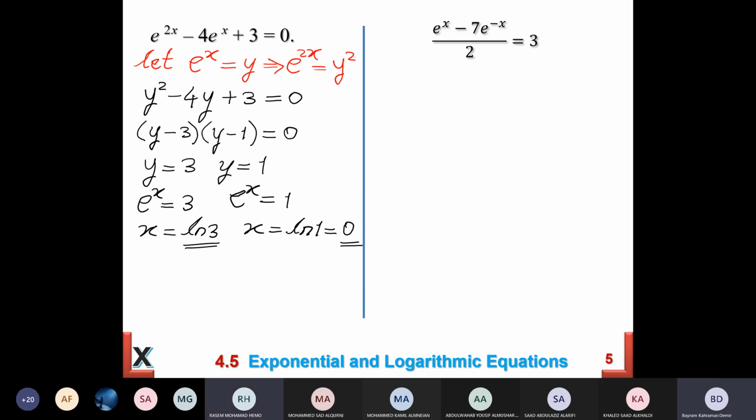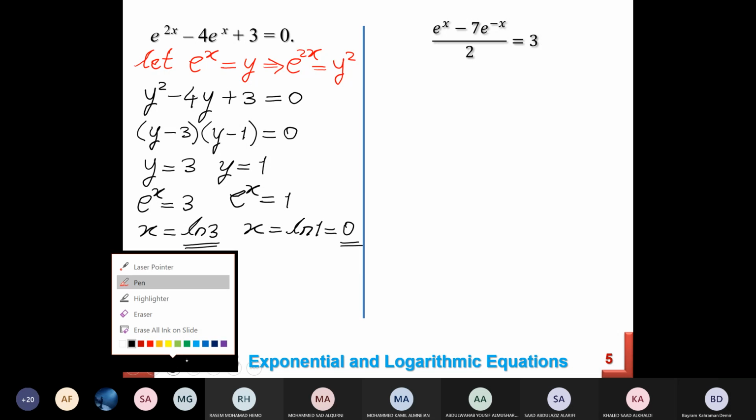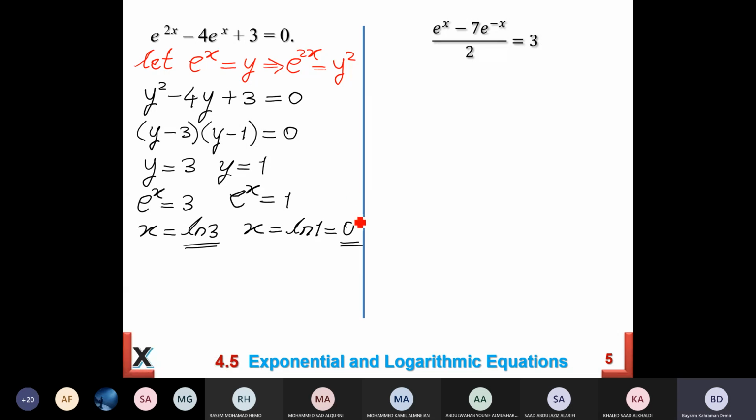0 is rejected, doctor. 0 is rejected? Yes, because if you replace it in the equation... If x is 0, huh? Okay, let's take x is 0. Replace here, Shabab.